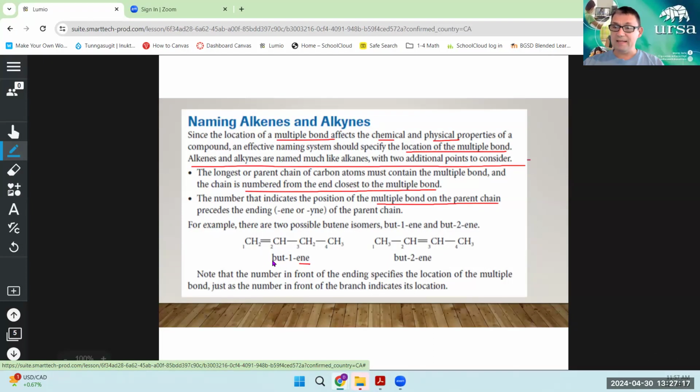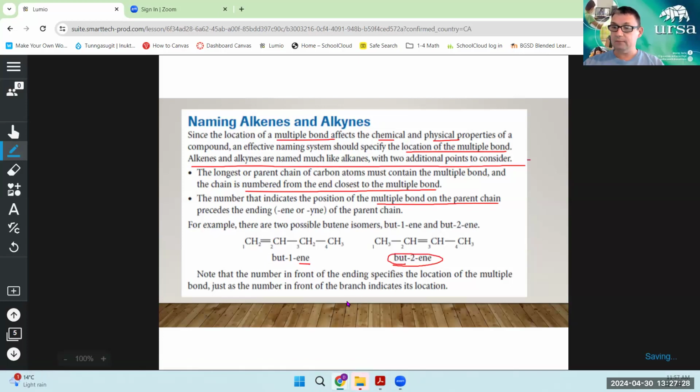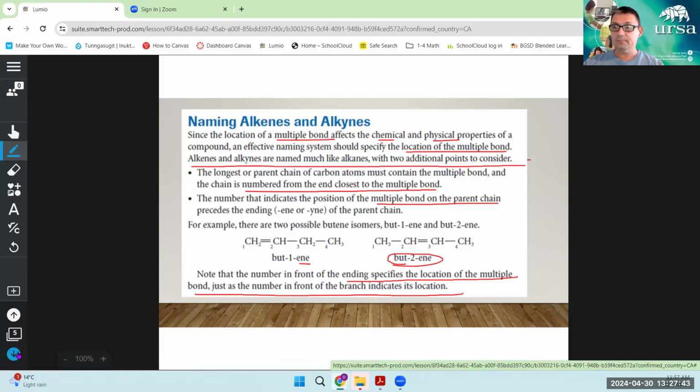The double bond begins at carbon number 1, so this is but-1-ene. If the double bond was located here, beginning at carbon 2, it'd be but-2-ene. Take note that the number in front of the ending specifies where the multiple bond starts, just the same way that the number in front of a branch indicates where that side chain is located, which we looked at with the alkanes.